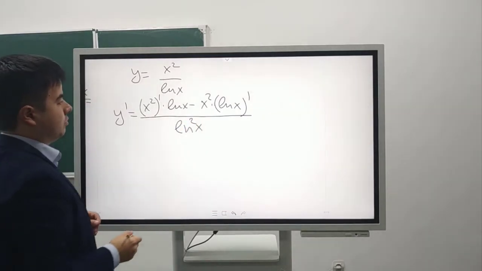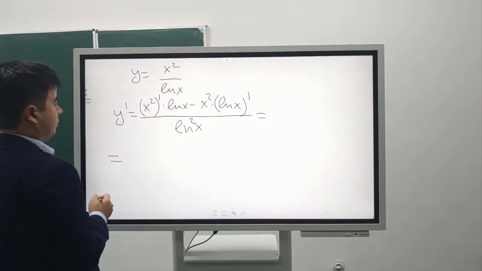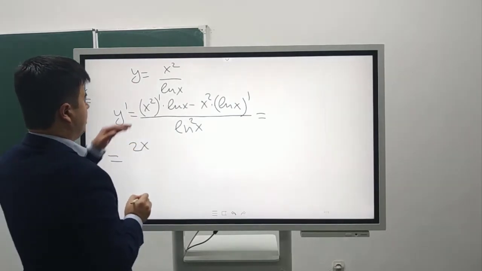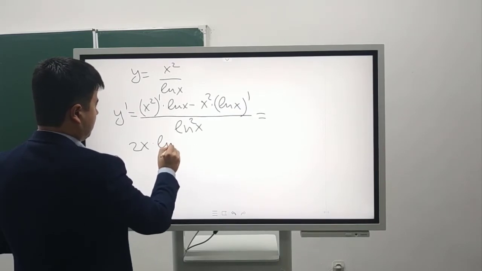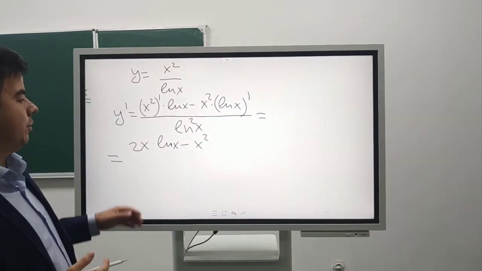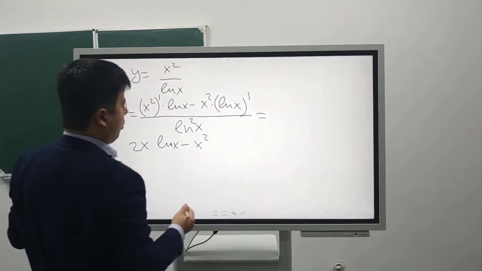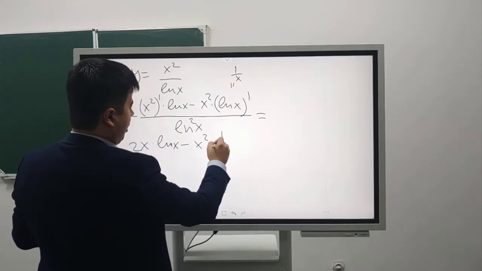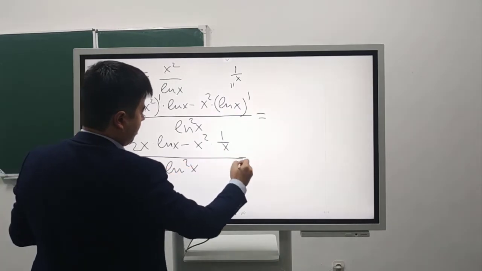Okay, now let's open these, and we have the derivative of x squared, yes, 2x times natural logarithm of x, minus x squared times the derivative of natural logarithm of x. Let's again recall our table. It equals 1 over x. So it is 1 over x here, divided by natural logarithm squared of x.